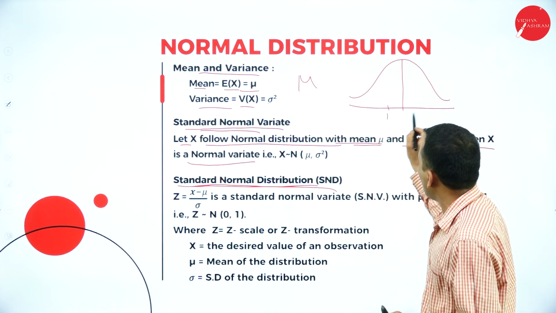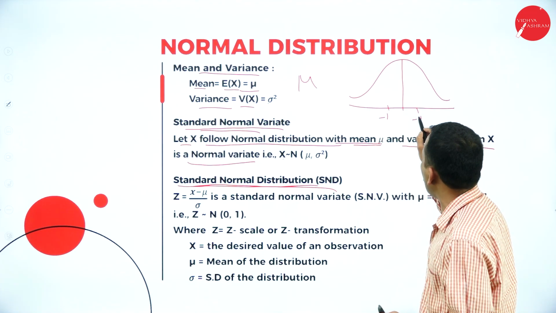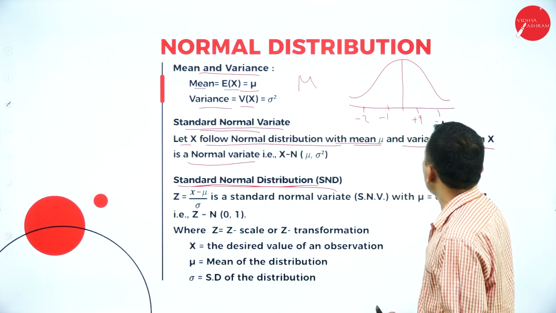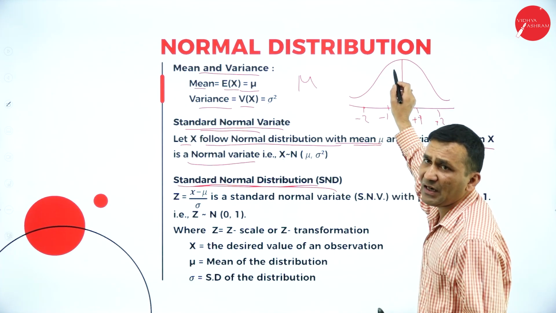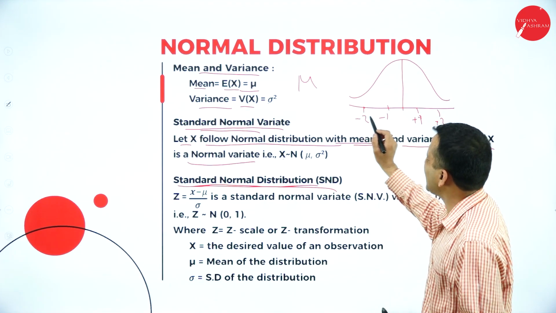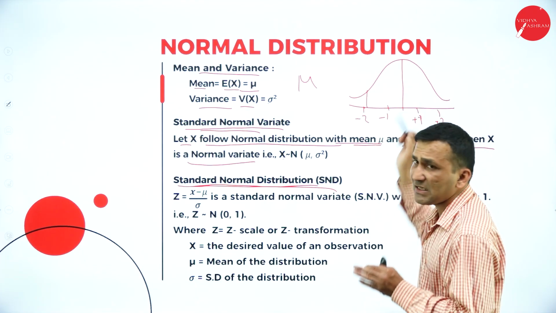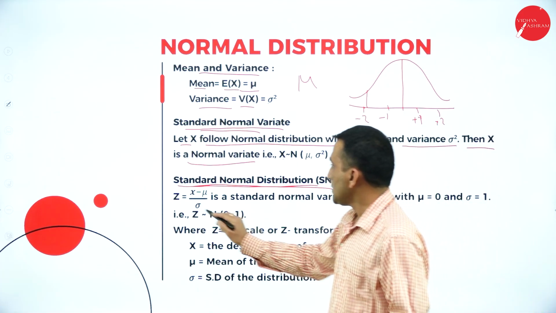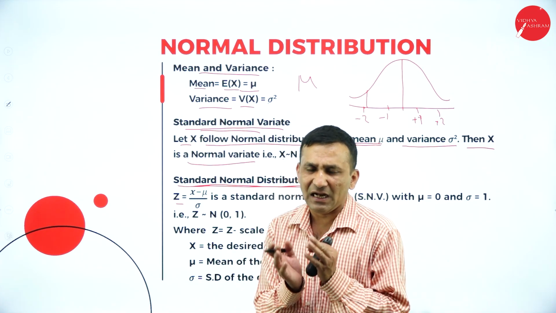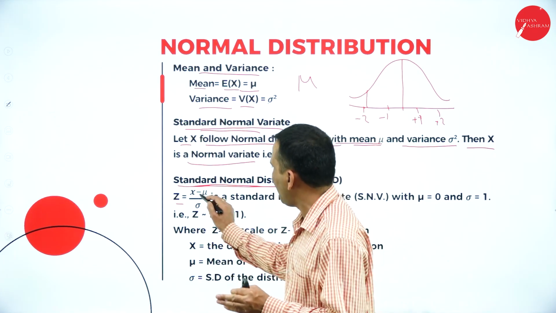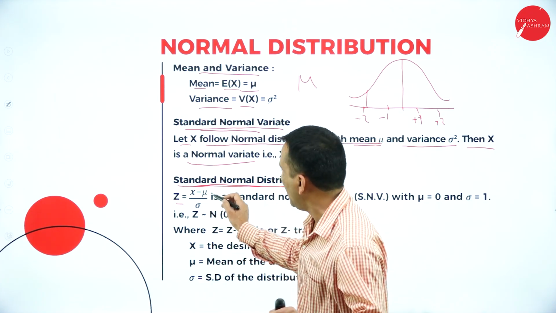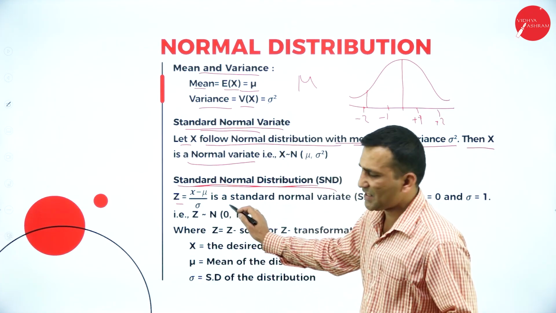Here we have 1, minus 1, plus 1, minus 2, plus 2. So what is the area covered between minus 1 and plus 1, and between minus 2 and plus 2? That is the standard we are setting. The formula is z equal to, where z is the symbol in the normal distribution, (x minus mu) divided by sigma, where mu is the population mean and sigma is the standard deviation.